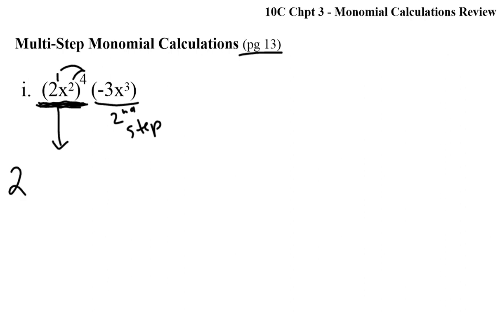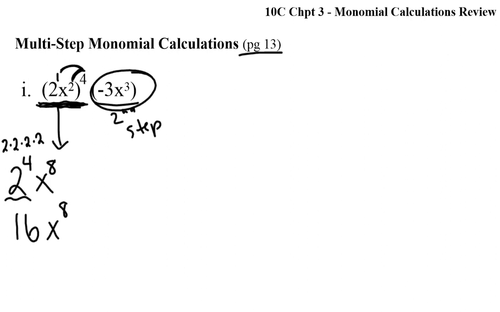So we would have 2 exponent 1 times 4 and x exponent 2 times 4. 2 exponent 4, 2 times 2 is 4, times 2 is 8, times 2 is 16, x to the 8.